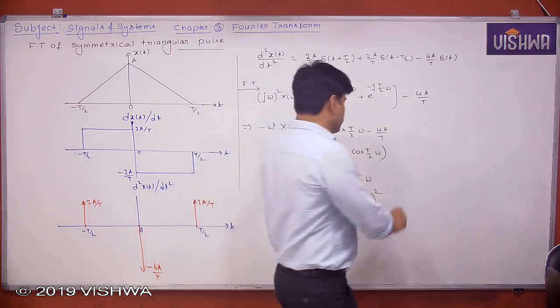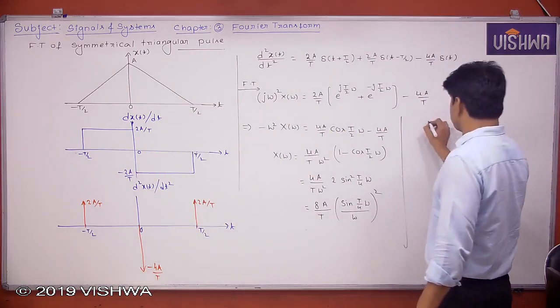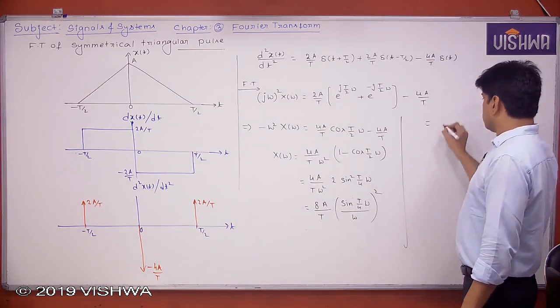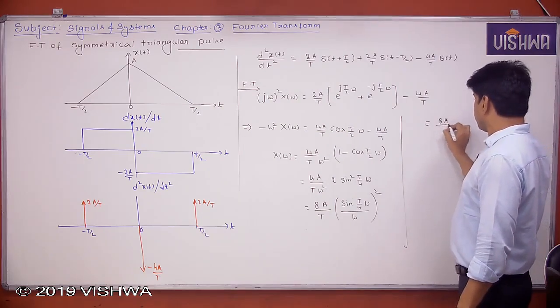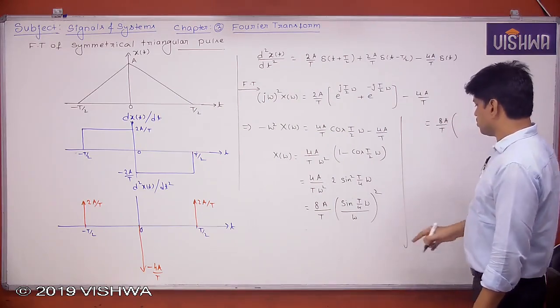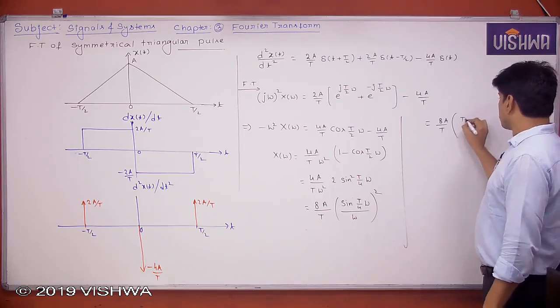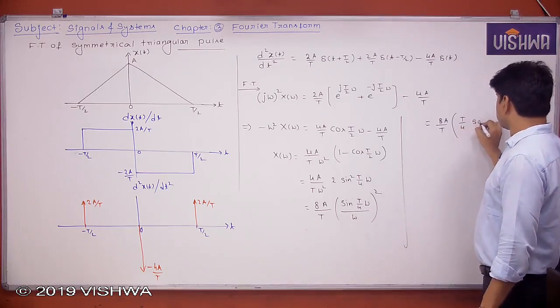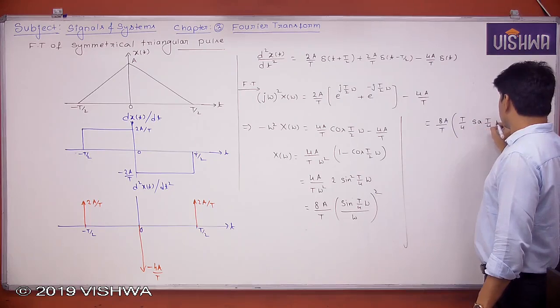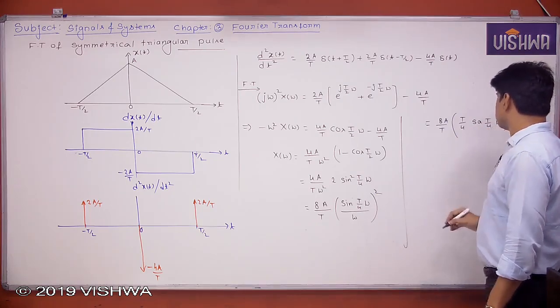That is equal to 8A by T by 4 sampling of T by 4 omega, squared.